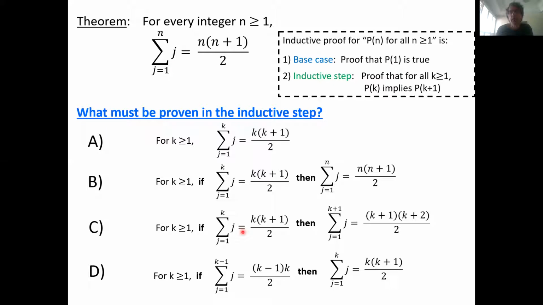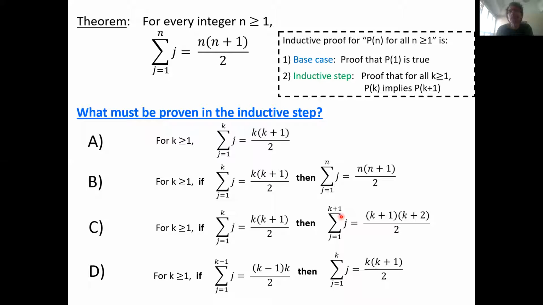It is this one, right? Because this is this predicate with n equal k. It's just a copy. And the right-hand side is the same predicate, but with n instantiated as k plus 1.